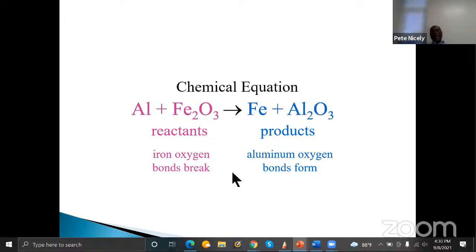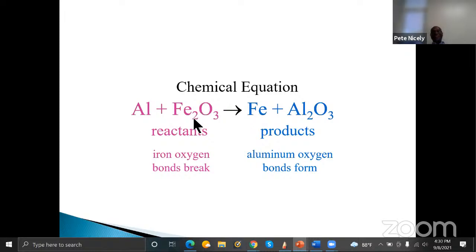Now, as you can see here, you don't need any detailed knowledge about the reaction to come to the conclusion that what's happening in this particular reaction is that the bonds are being broken between the iron and the oxygen. And we know that to be so because at the end of the reaction, over here, we have the iron by itself.